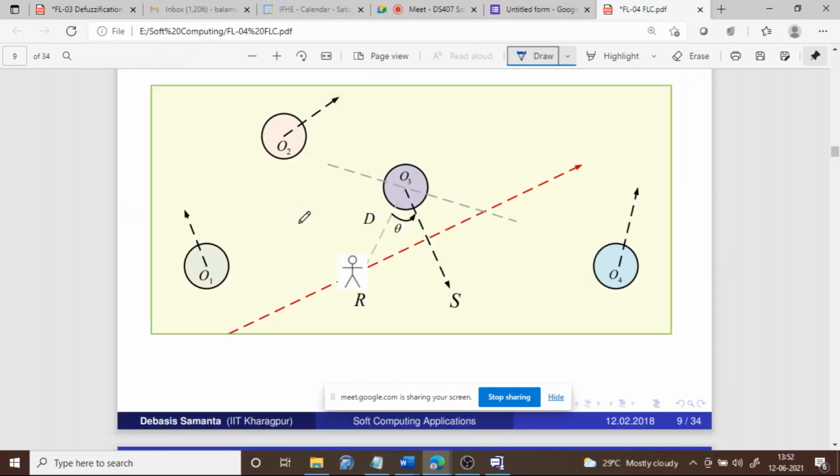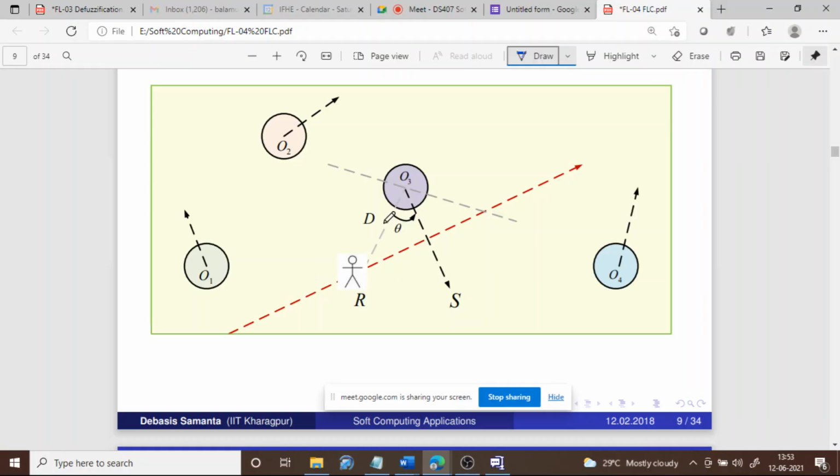So this is the robot. Apart from the robot, there are four moving objects, and they can move in any direction, and the robot can also move in any direction, but the robot should not hit any of these moving objects. Here we consider two parameters.